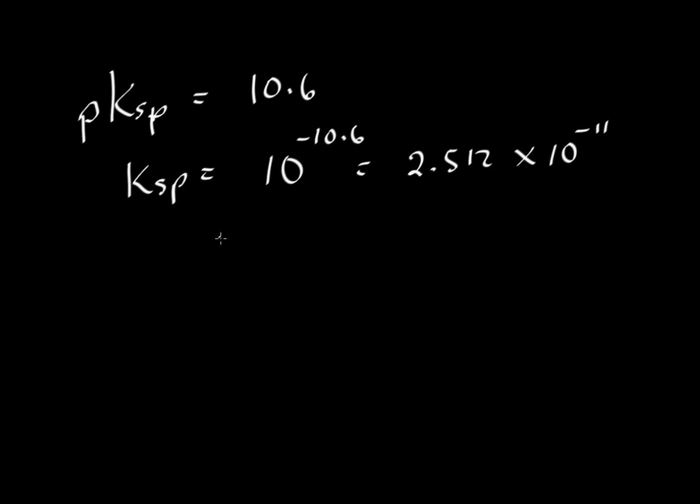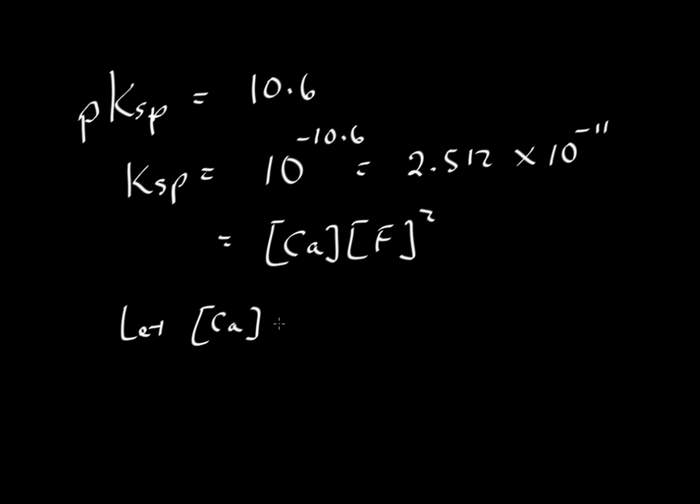So what we're going to do is let this be equal to the concentration of calcium multiplied by the concentration of fluoride ion squared. And we're going to play a little mathematical trick. We're going to let the concentration of calcium be X in moles per liter.